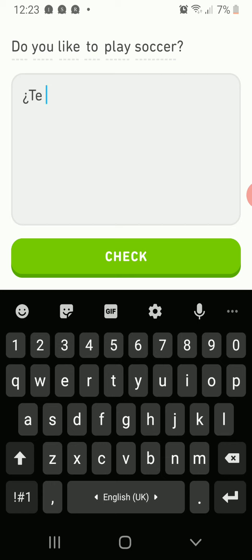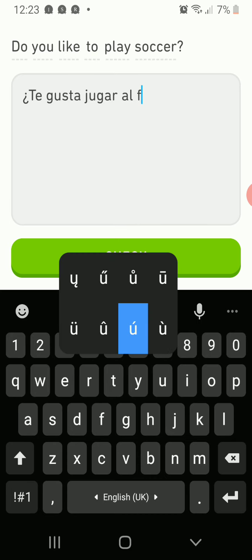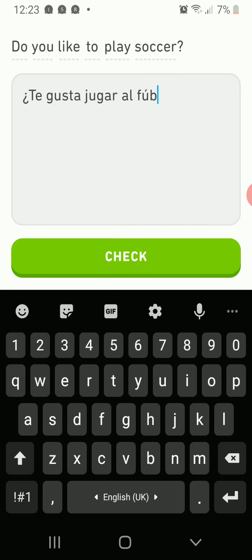Te encanta. I will use the gusta. Te gusta jugar al fútbol. Hopefully it's going to be correct now.